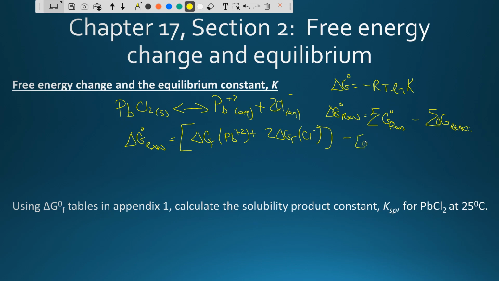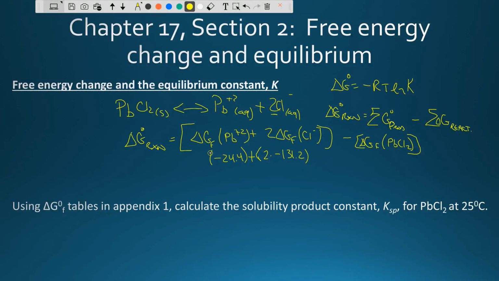And that will be subtracted from the delta G of my lead chloride. Okay, so plugging in values, I see that this was a negative 24.4 plus 2 times the negative 131.2, because we had 2 there.